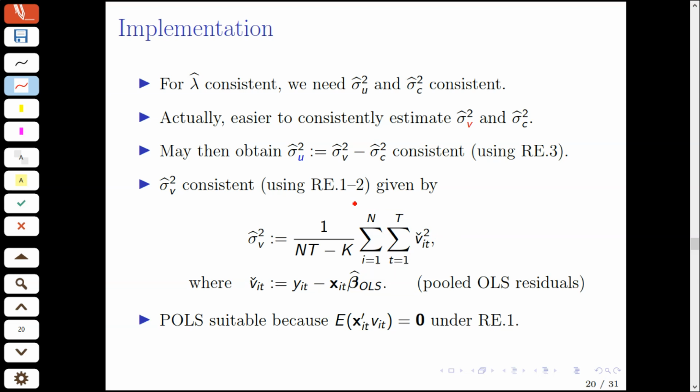Here I'm using the check notation to denote the pooled OLS residuals, and for good measure, we've done a degrees of freedom correction. Note here that pooled OLS is in fact suitable because the orthogonality condition, that is, that the composite error is uncorrelated with the regressors, is satisfied under the first random effects assumption.